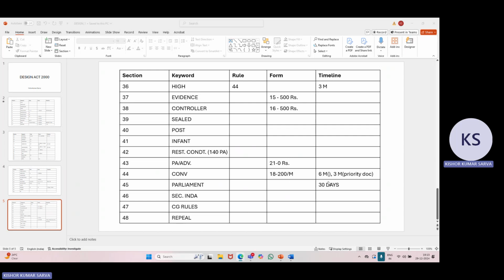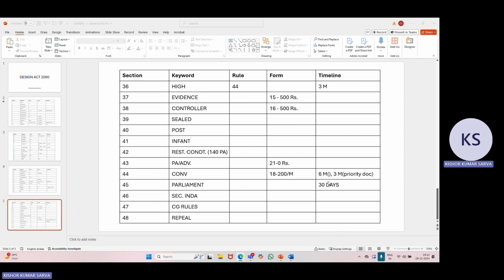Form number 18 is to submit the priority document for the application you have filed in India within 6 months. Then you have to submit any prior document, for which you have 3 months. You file it with form 18, and the charge is 200 rupees.